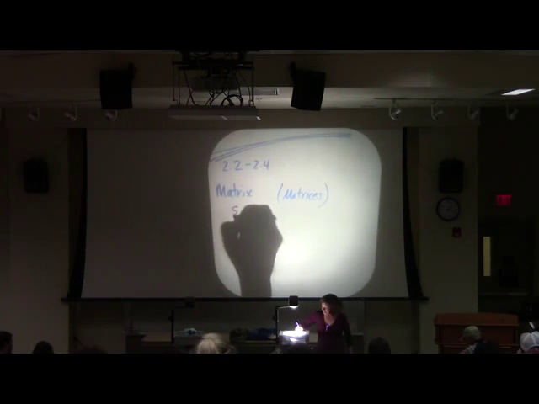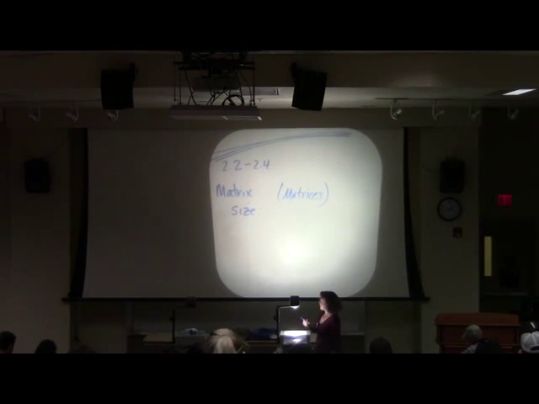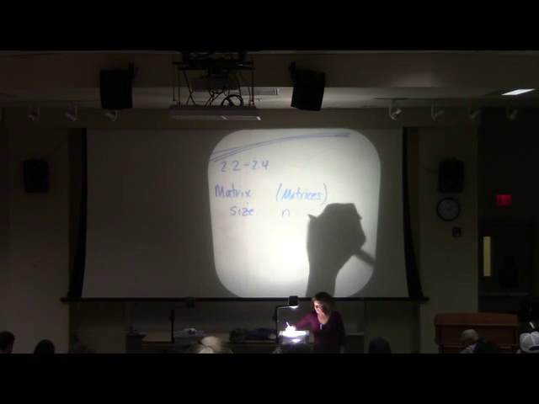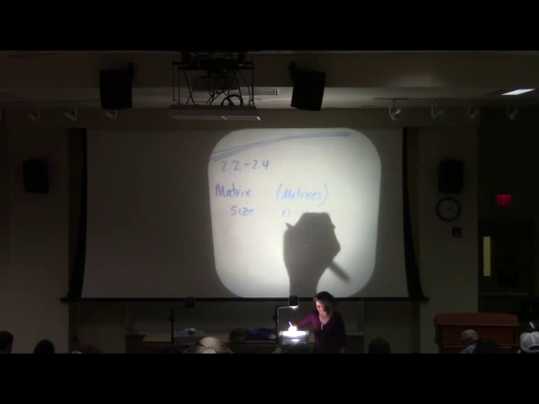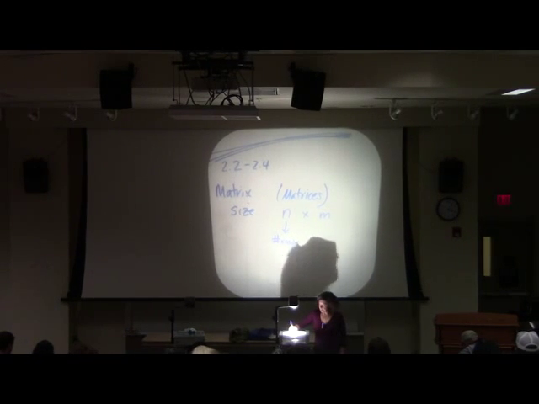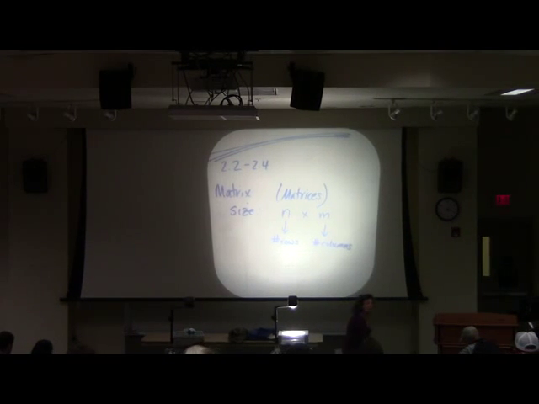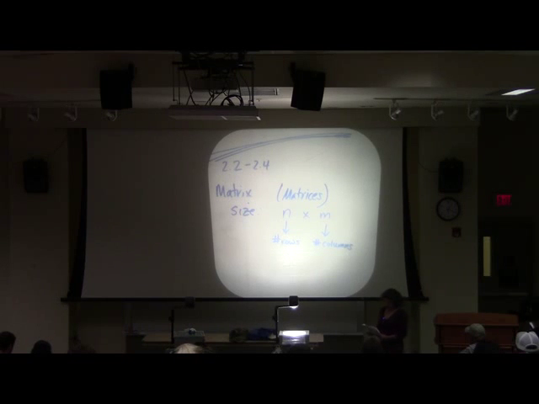The size is how we distinguish what operations we can or cannot do. Now, it's usually some number by some other number. Your first number is the number of rows, and the second number is the number of columns. This is how we always talk about the size of our matrix.